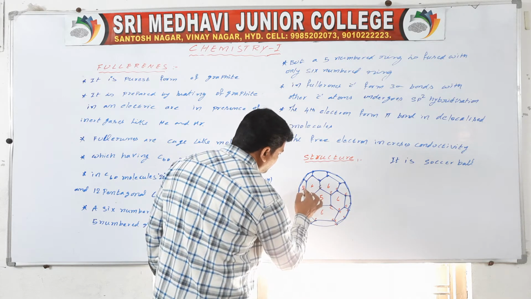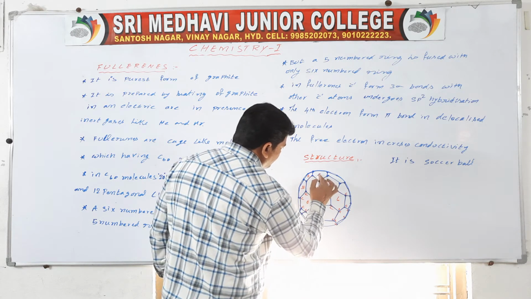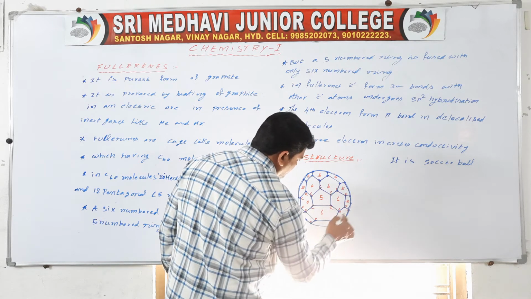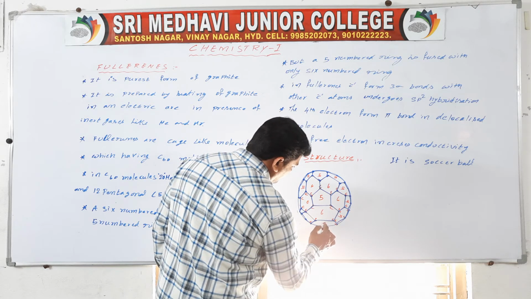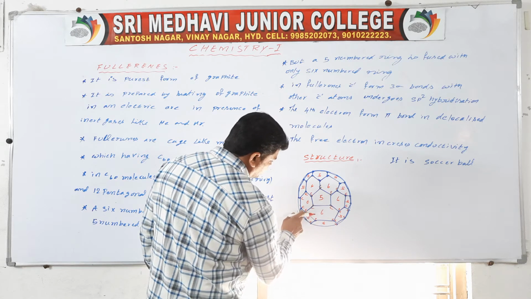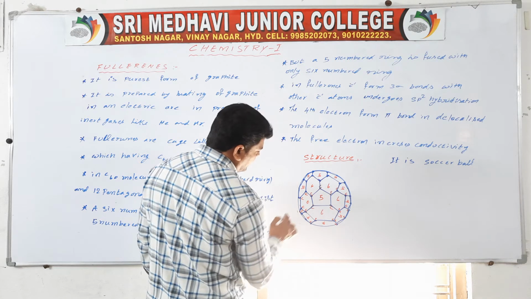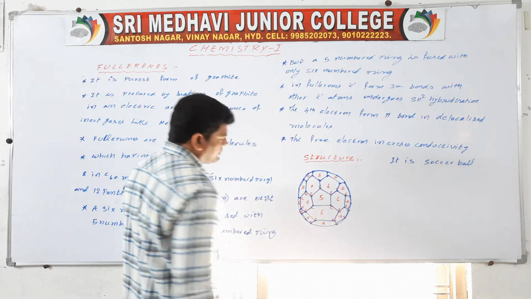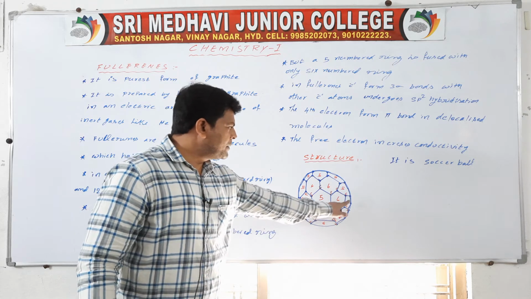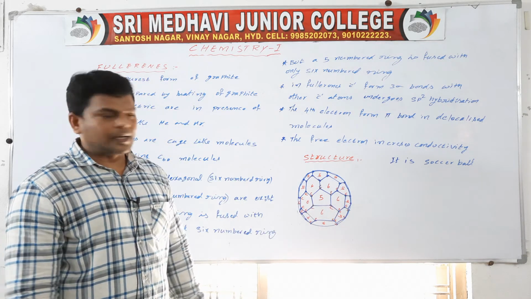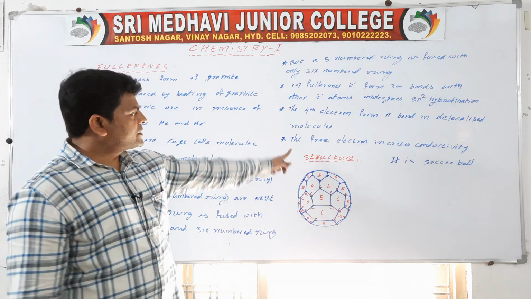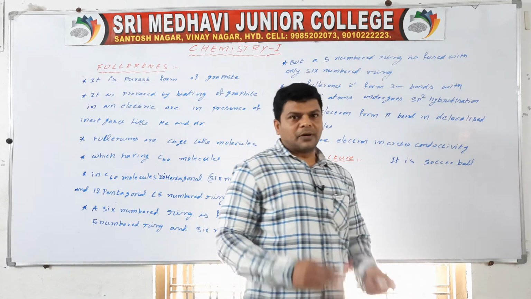It is a 5, 5, 5, 5, 5. It is a 6. Okay, it is a 5. It is a 6. Like this. A 5 numbered ring is fused with only 6 numbered rings. A 6 numbered ring is fused with a 5 numbered ring and a 6 numbered ring. So this is the structure of fullerenes. It is like a soccer ball.